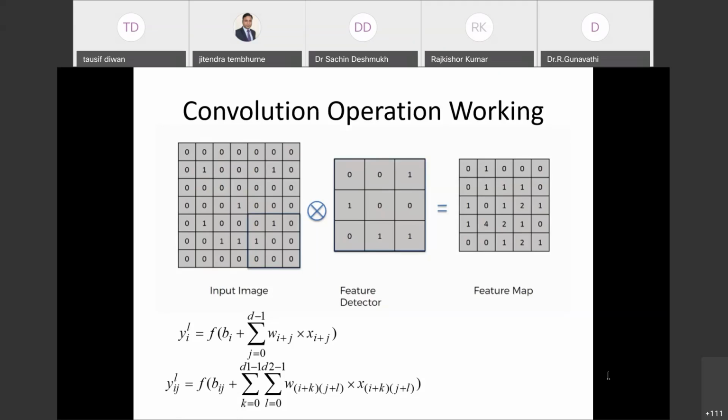If your dataset is such that multiple objects are there in an image, then your filter size should be small. And if there is a single object in the image, in that particular case the filter size should be large. So you need to first analyze the data. On the basis of this analysis, we can determine the filter size, the number of filters, and so on.